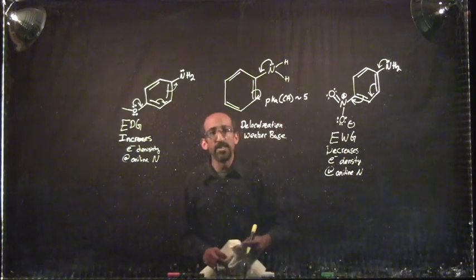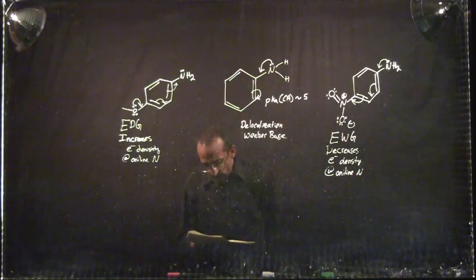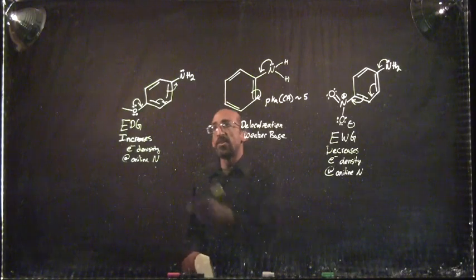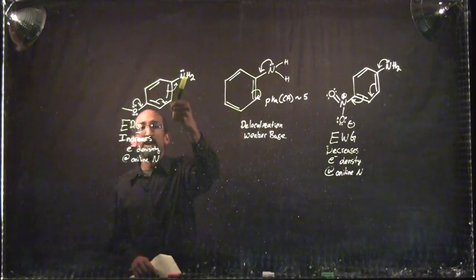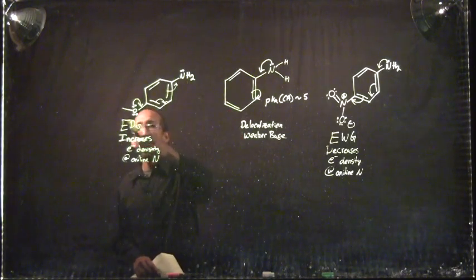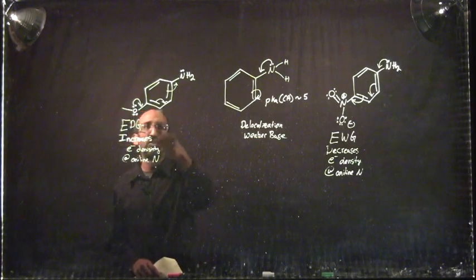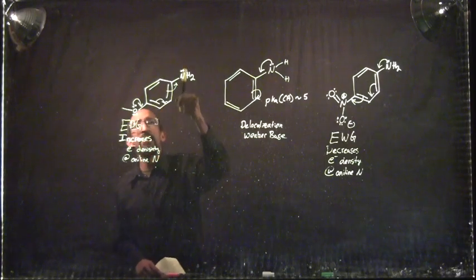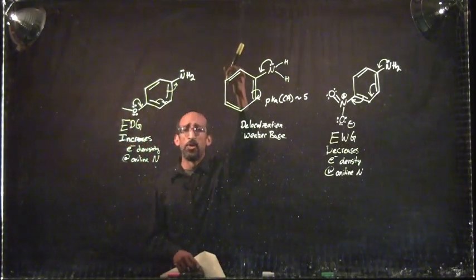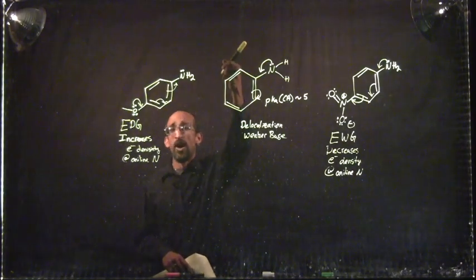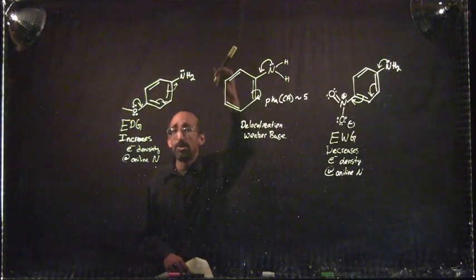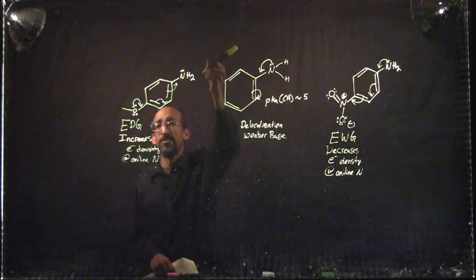So what does this mean? Because we're increasing electron density on the aniline nitrogen for our methoxy electron donating group, this lone pair on the nitrogen is more available to go and form a bond to a new hydrogen atom. It's more available to serve as a base.